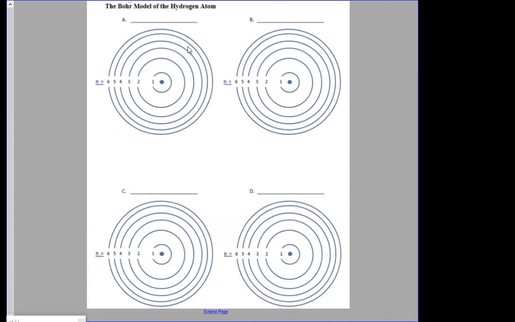So here are 4 hydrogen atoms. And what I want to show you is the light that's emitted from a hydrogen atom is because an excited electron goes from level 6 to level 2. Oops, this isn't going to work.